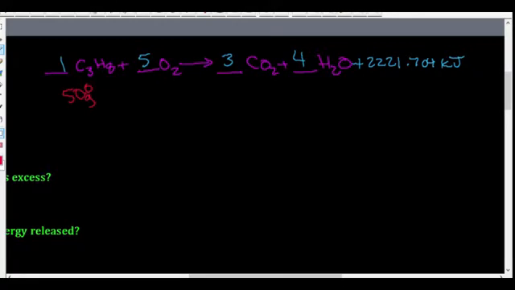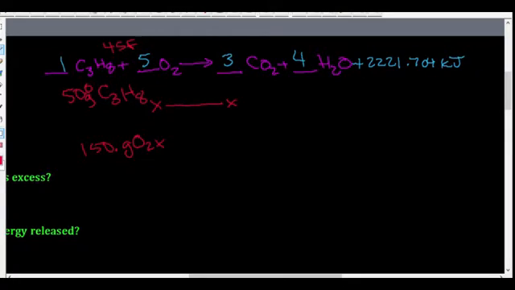We're going to do all of our answers to 4 sig figs, by the way, just to keep things simple. So that many grams is C3H8, and then 150 grams of O2. So we need to see which one of these is going to be our limiting reactant. So we're going to go ahead and turn this into moles.